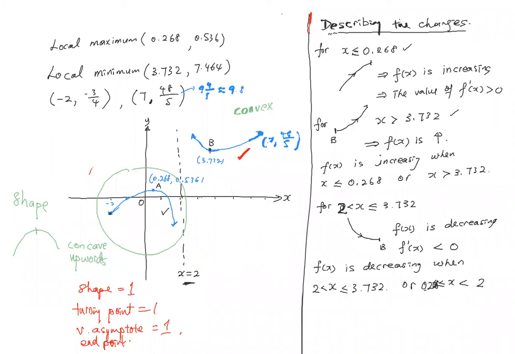Okay, so now, based on this, I also can draw the sign diagram of f prime x. So how are you going to draw the sign diagram of f prime x?